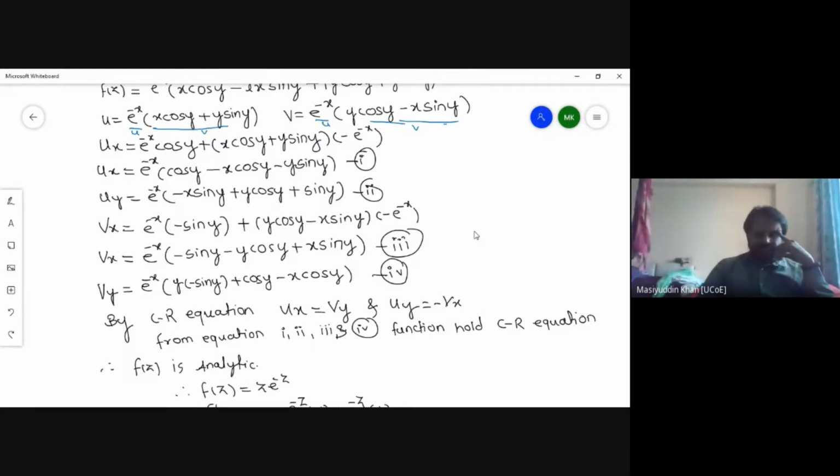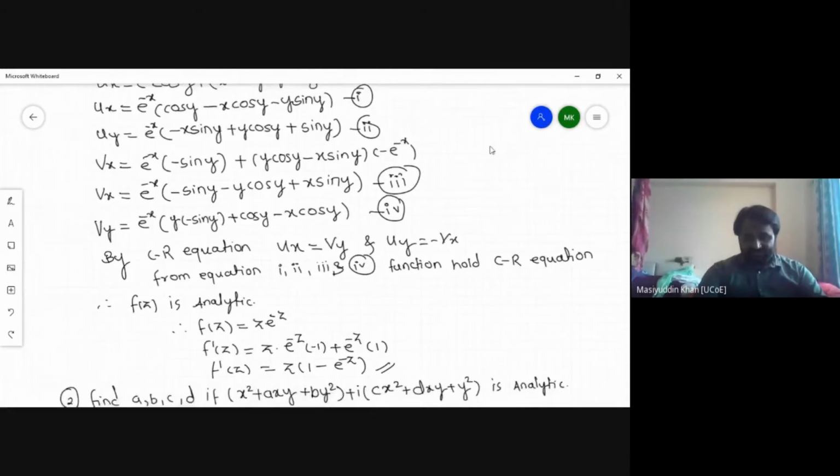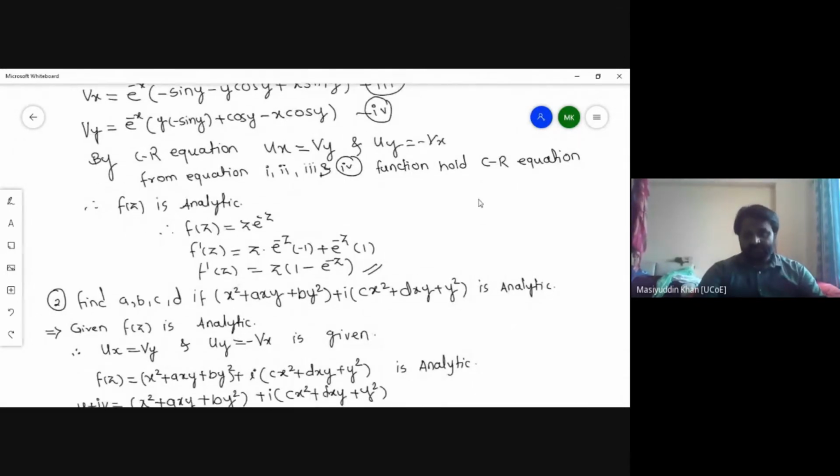So from equations 1, 2, 3, and 4, the Cauchy-Riemann equations hold. Therefore, f of z is analytic. Whenever the question comes to an analytic function, you must differentiate the original function, because in the statement you mentioned that the function must be differentiable. So one thing is clear, that the CR equations are satisfied.